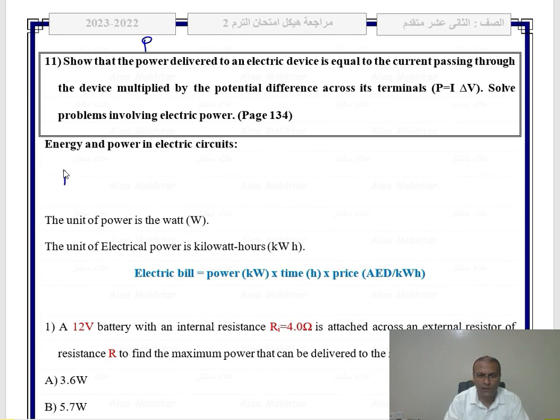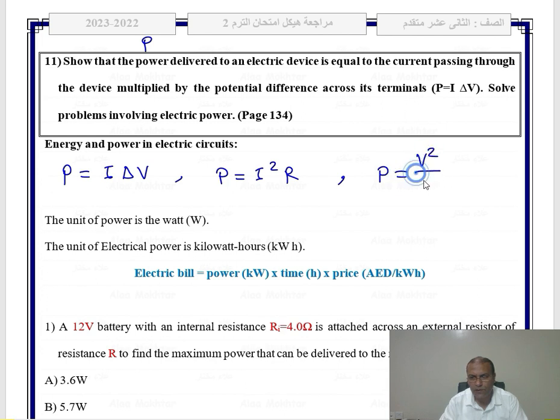I think all of us know that power equals I multiplied by ΔV. For a battery, power equals I squared R. For a resistor, power equals V squared over R. And power equals energy over time.